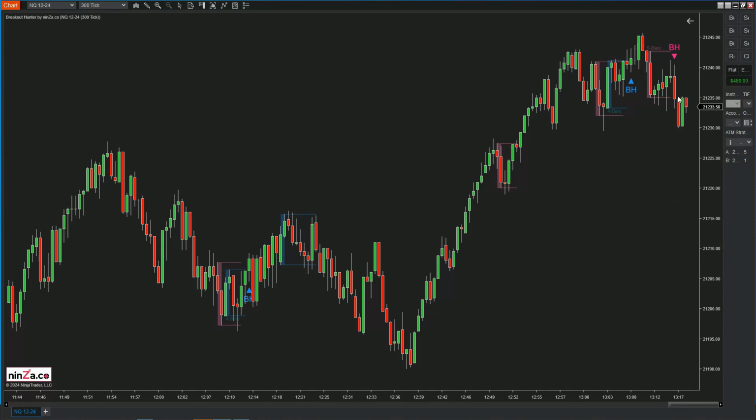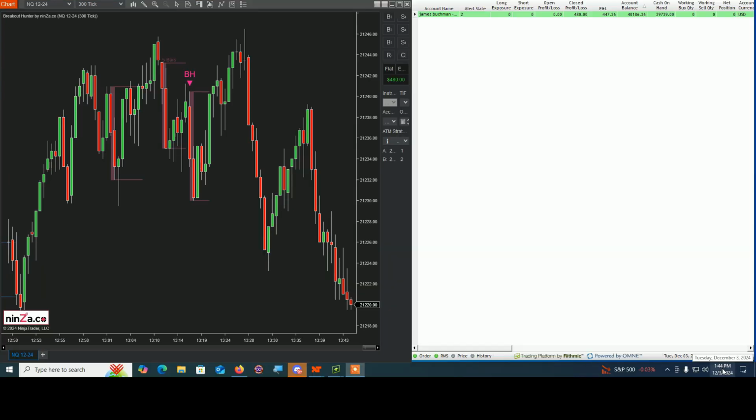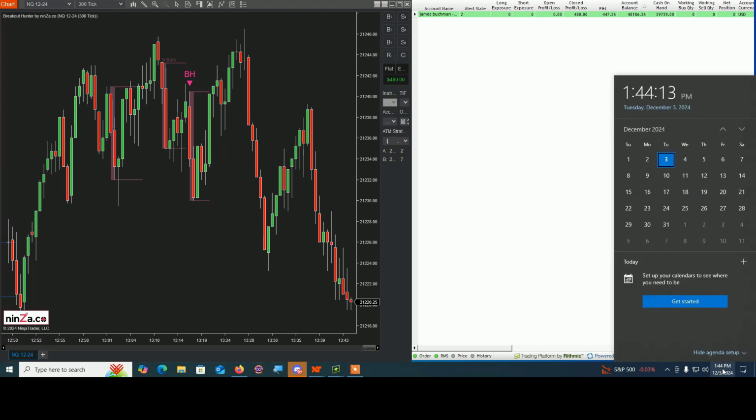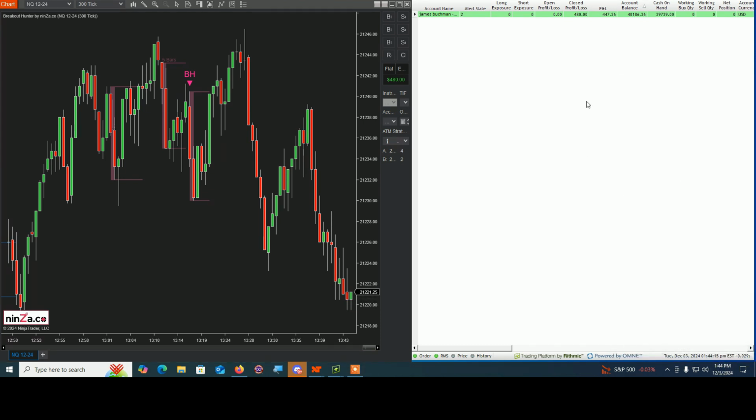You know ahead of time if it might be a short or a long signal depending on the color of the box. And overall, very friendly, very easy to trade. All right, my computer clock, rhythmic clock, the account used today, the total. So yeah, I really enjoyed trading Breakout Hunter.